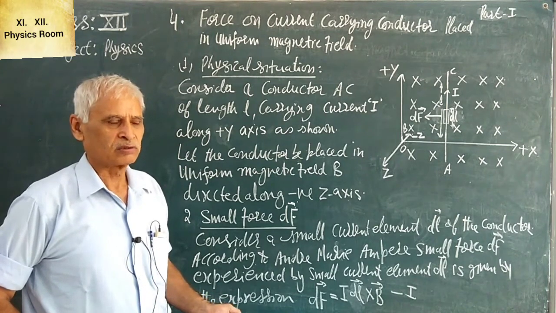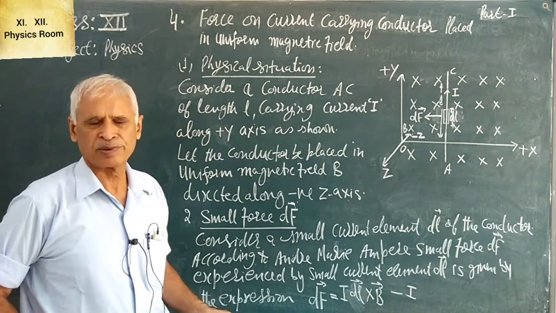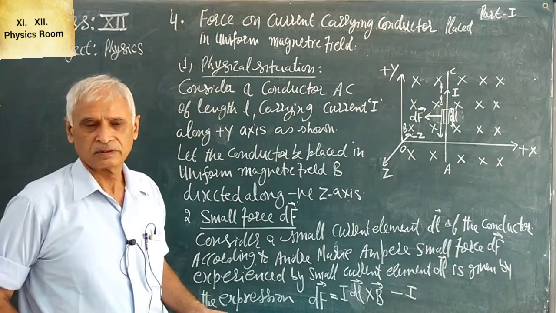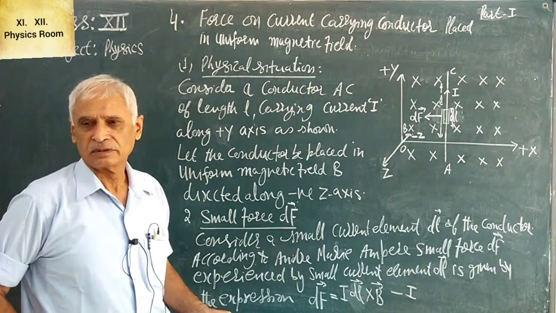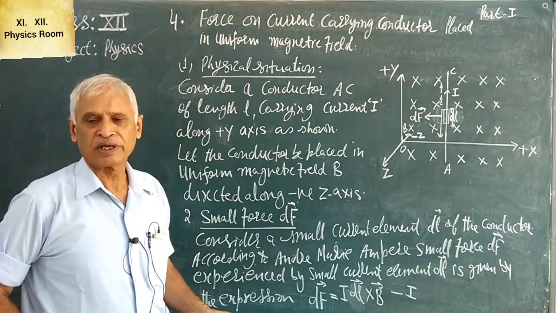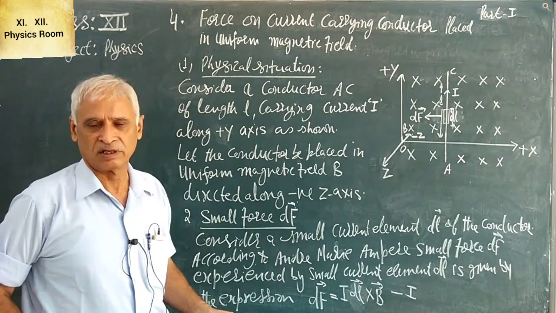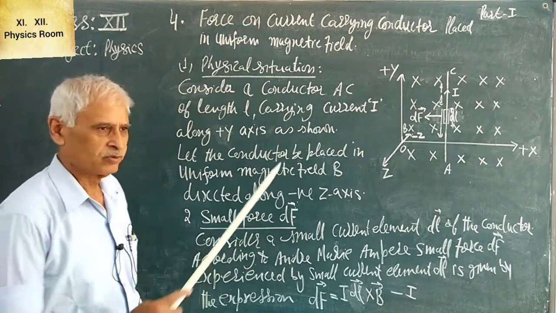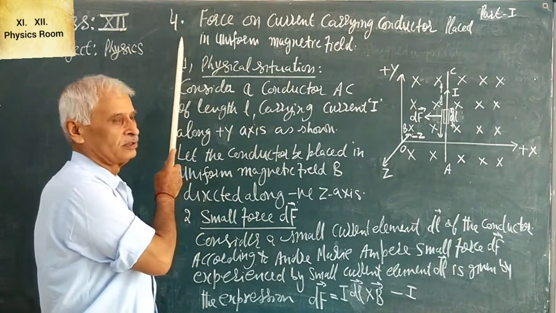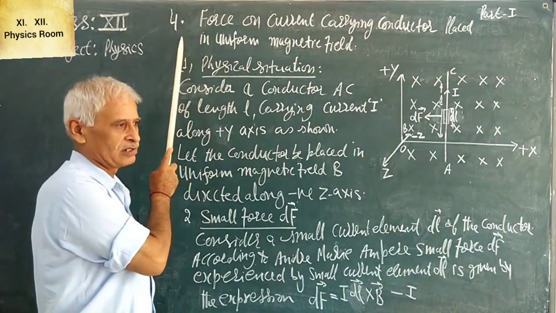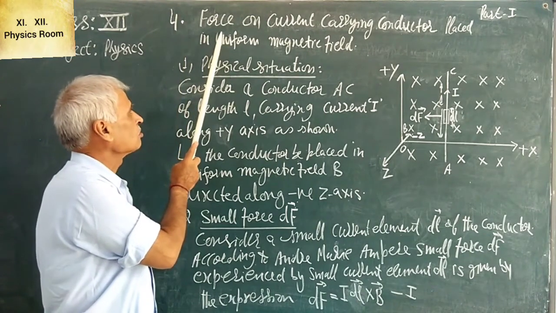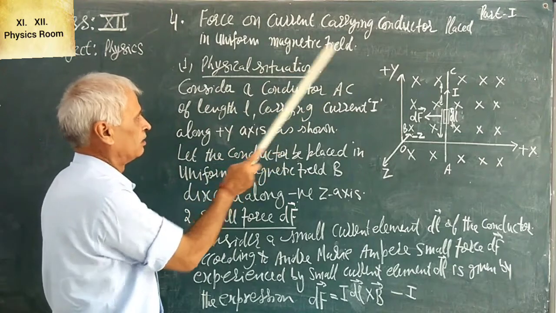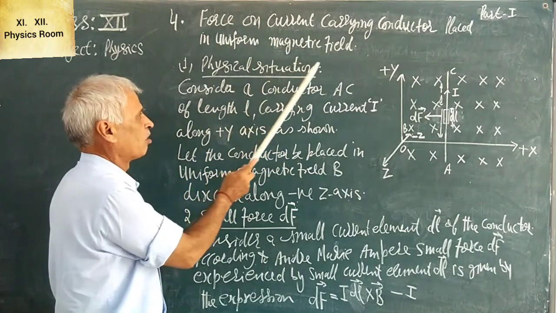The first topic was Ørsted's experiment. The second topic was Biot-Savart law. And the third topic had been Ampere's circular law. Now we come to the fourth topic of this chapter, motion of charge and magnetism, force on a current carrying conductor placed in a uniform magnetic field.